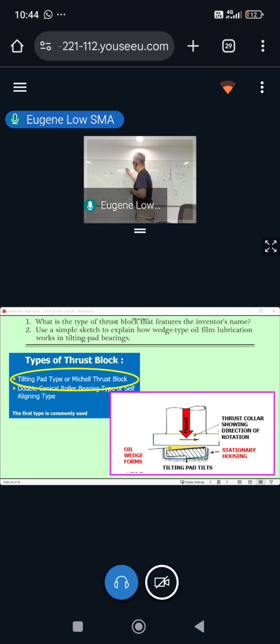Okay. Of course, you've got to have these thrust collar, right? Direction of rotation, thrust collar, and then you have this housing there, right? And of course, this little angle here, you're going to sketch this thing also, right?